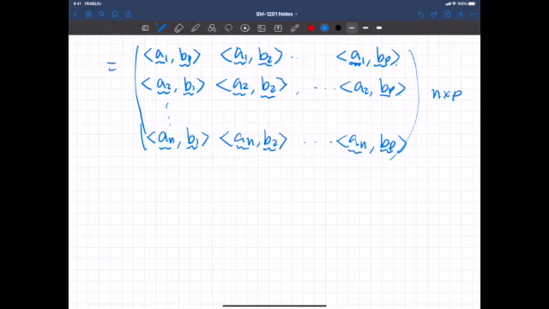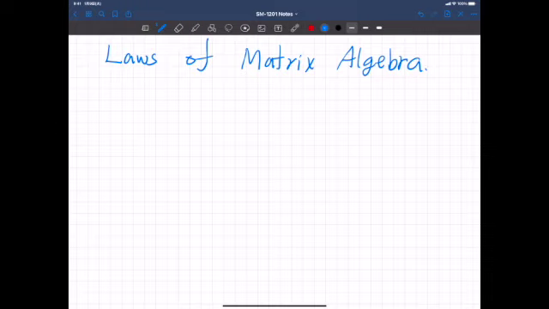Okay. Now let us examine some of the laws of matrix algebra. In the following, I assume that all of the matrices have compatible sizes when they are added or multiplied. So let's say A, B, C are matrices of appropriate sizes. Then we have the following rules.